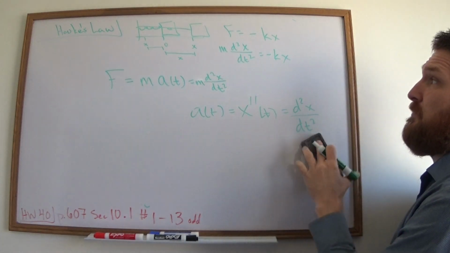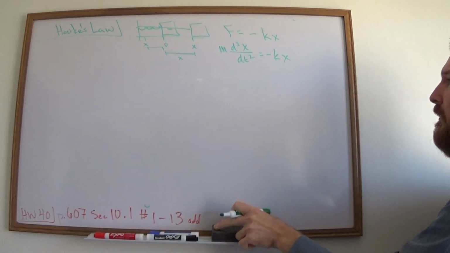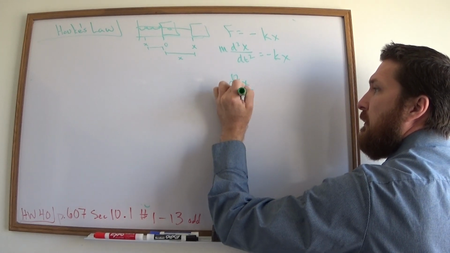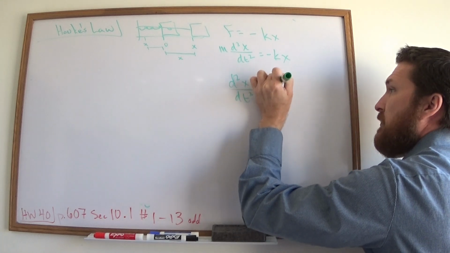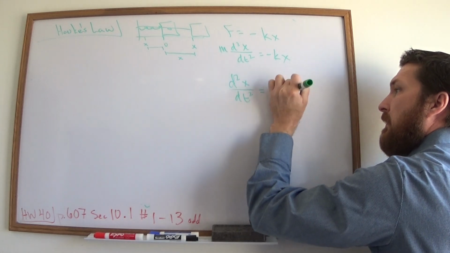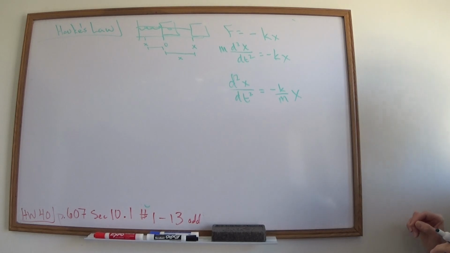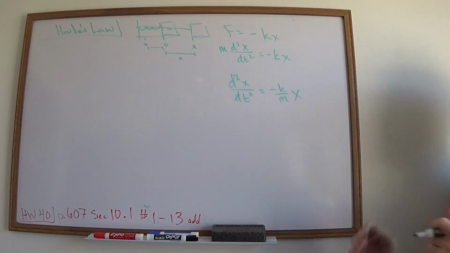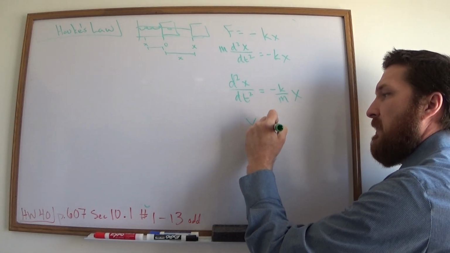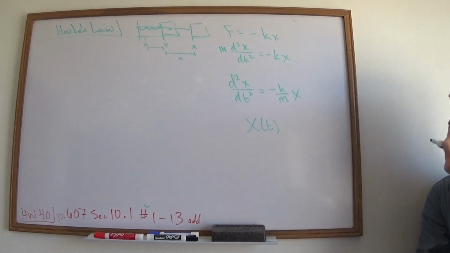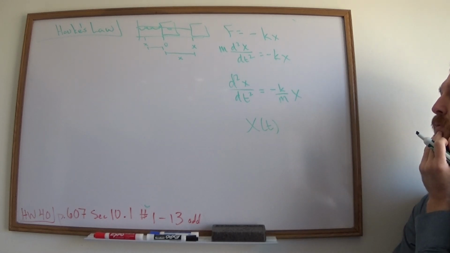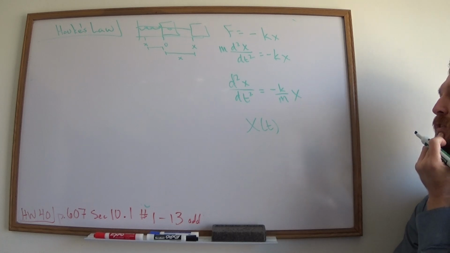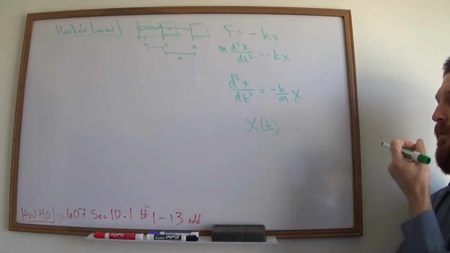And we have a differential equation, because we have an equation that involves an unknown function and one or more of its derivatives. The unknown function is x, and we need an x of t. Now, can you guys think of a function where when you take the second derivative of it, you get negative the original function?